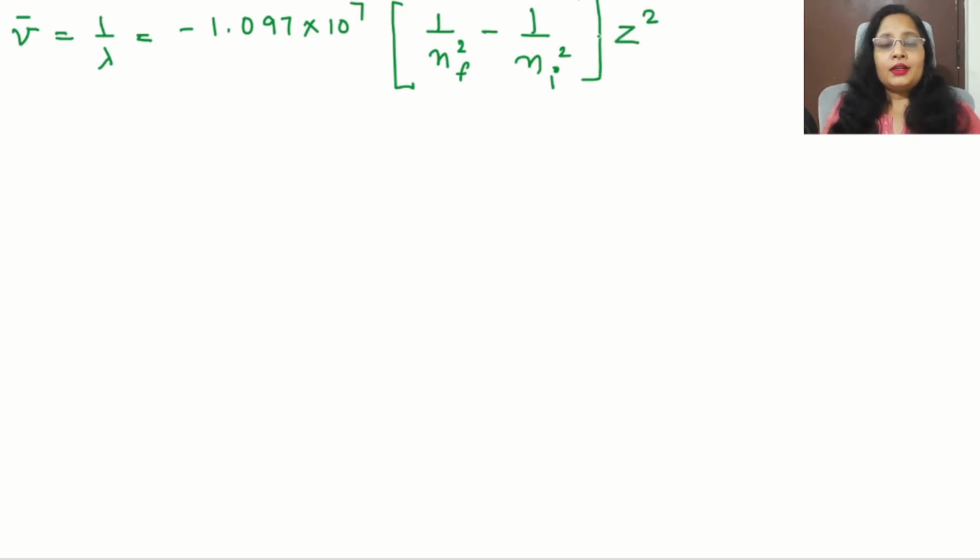Here n final is 2, n initial is 3, and z is the atomic number. For hydrogen the atomic number is 1, so we will put 1 here.